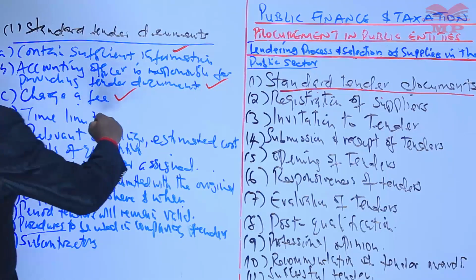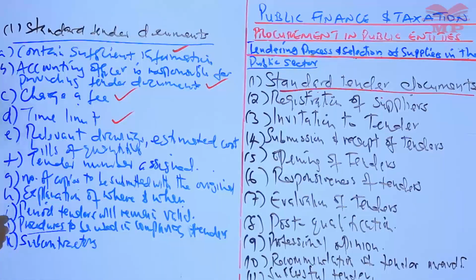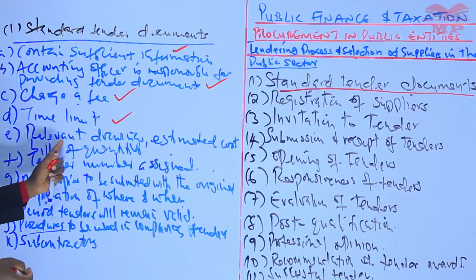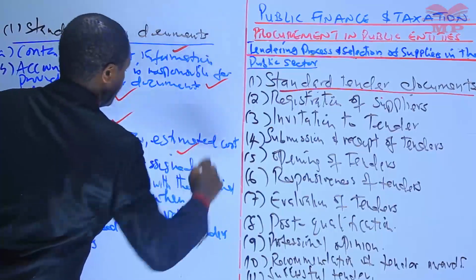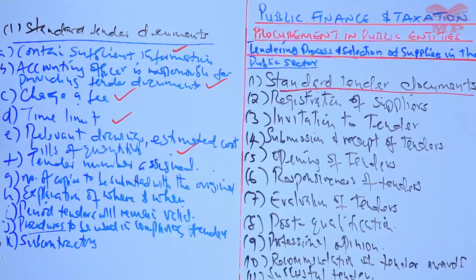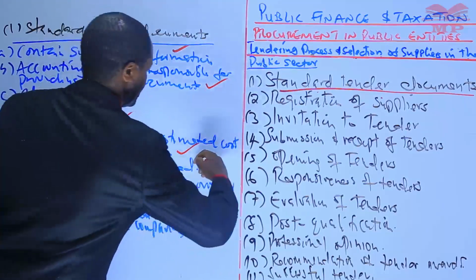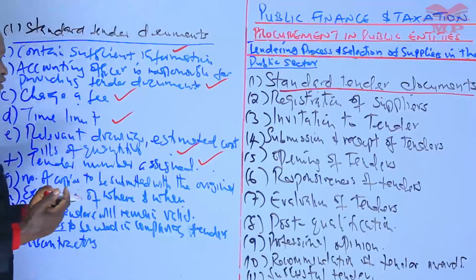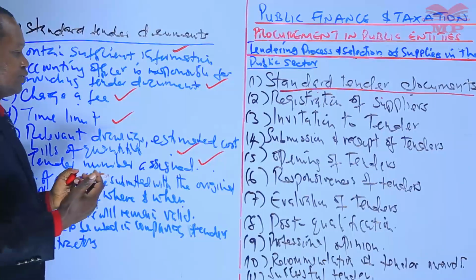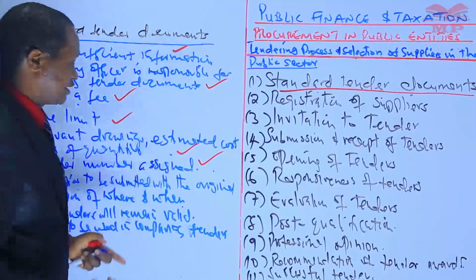There is also the question on the time limit. And in case of works, we've said that relevant drawings, bills of quantities, and estimated costs should be clear. A tender number should be assigned. The documents should have tender numbers. It also should be clear under standard tender documents the number of copies that the tenderer should submit with the original to the procuring entity.